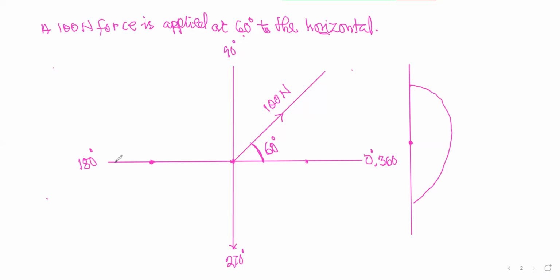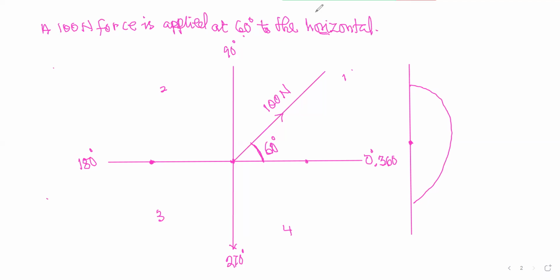When it acts along 180 degrees, the component will be negative 100 Newton, 0 vertical. When it acts along 270, the component will be negative 100, 0 horizontal. But whenever it acts in between the 4 quadrants, 1, 2, 3, 4, it will be divided into 2 components, vertical and horizontal.